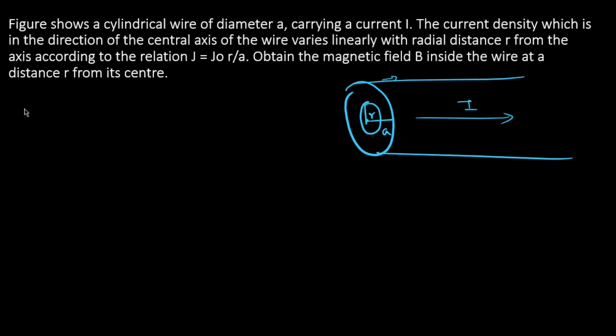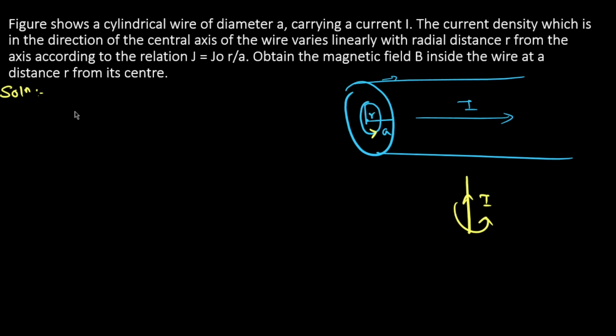So solution. Since current is flowing in this direction, we know from the right hand thumb rule that the magnetic field will be in this direction, like this around this loop. So this loop will have a circumference of 2 pi r.